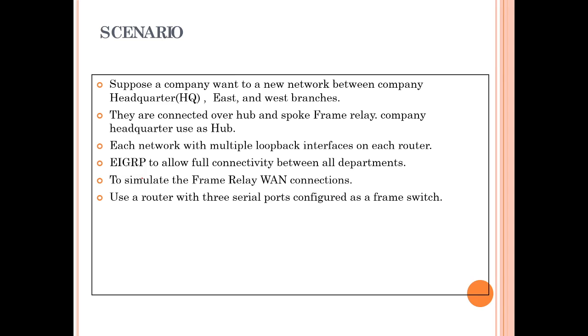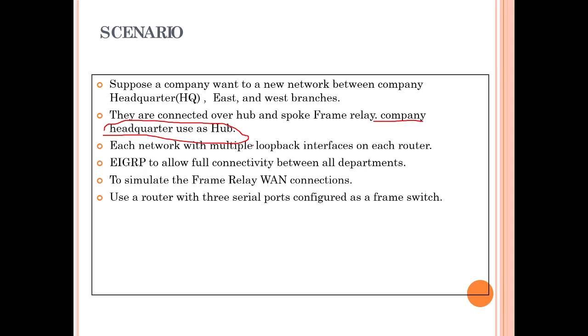So in this case we are connecting through hub and spoke frame relay, okay, and the company headquarter we are considering as a hub. As I told you, the company headquarter would be a hub for us, okay, because through that the communications will occur.